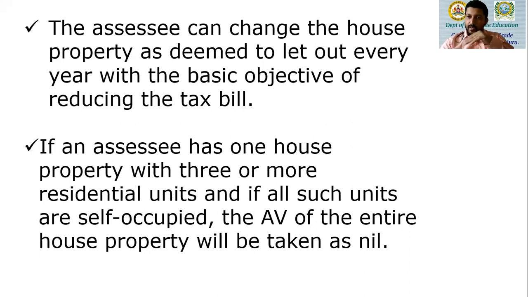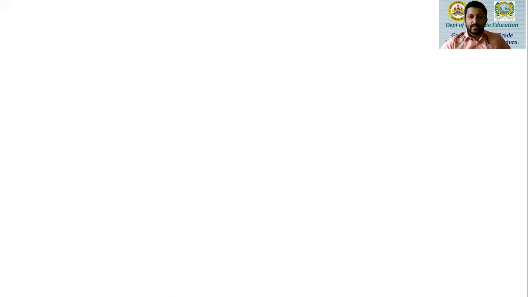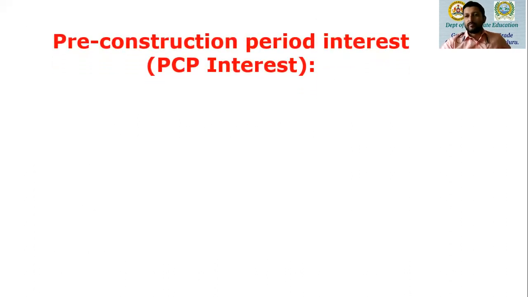No matter how many units there are, since it is a single house property and it is not let out, the annual value will be taken as nil as far as computation of income from house property of a self-occupied house property is concerned.